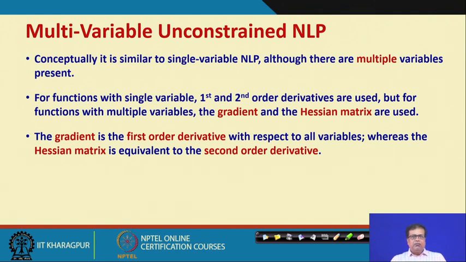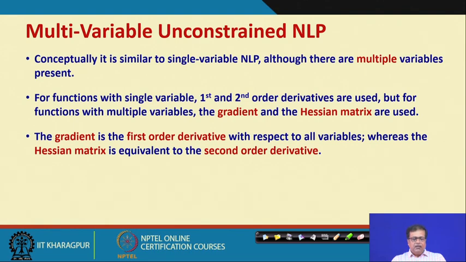But when you have multiple variables, instead of first and second order derivative, we really have to take the gradient, that is the del operator, and the Hessian matrix, which will be an equivalent of the second order derivative. So, essentially we need two things: first the gradient, and second the Hessian matrix.